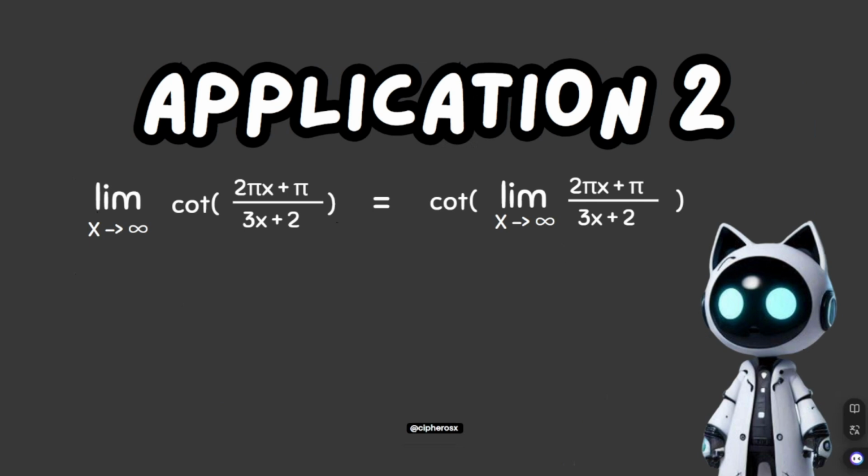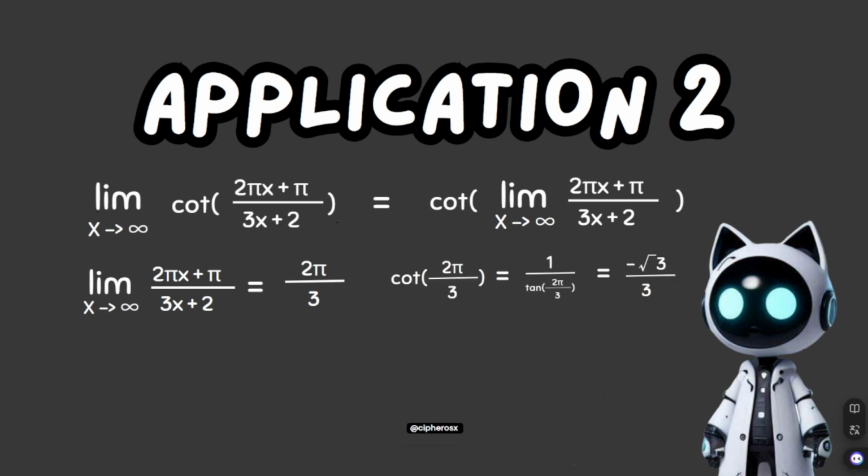It is the same thing as just moving this limit inside of the cotangent. Now we're gonna take the limit of this thing, and that is 2 pi over 3, and we're gonna take this value and pass it over the cotangent function. If you don't remember the values, we can just say that it's the reciprocal, using the identity of sine over cosine, and doing some work with the elementary things, we're gonna get that this is minus root 3 divided by 3. Therefore this is the limit of the whole function.